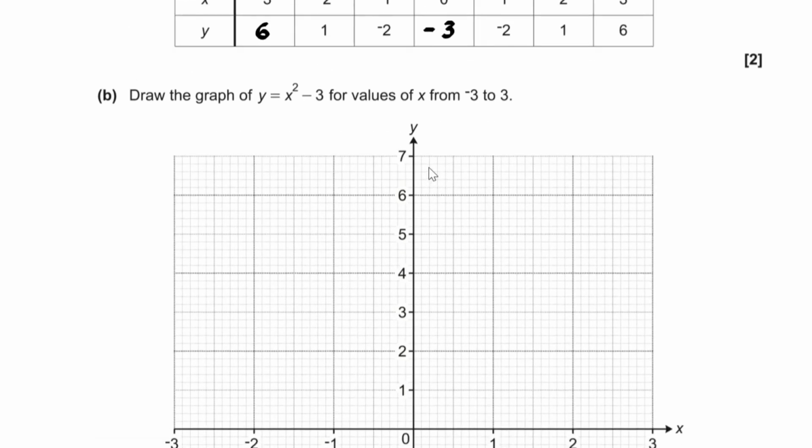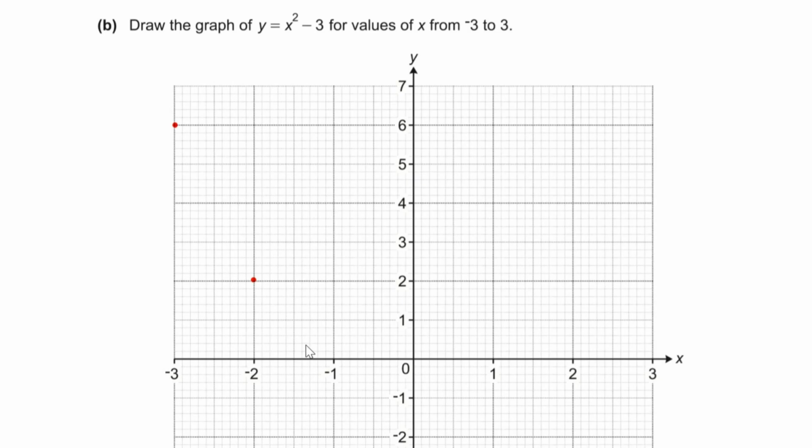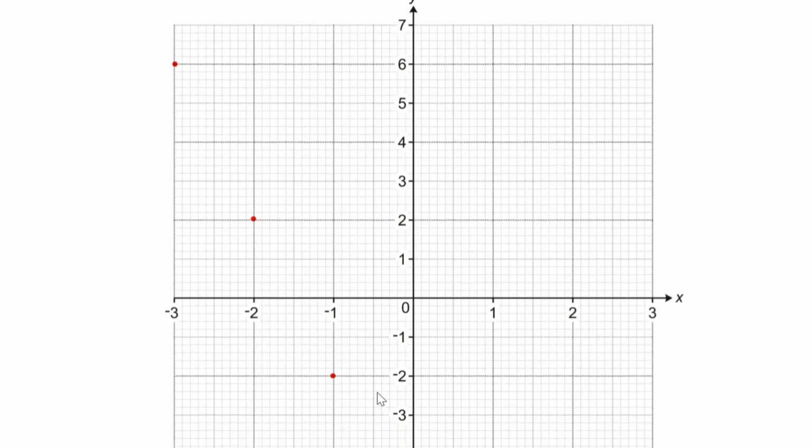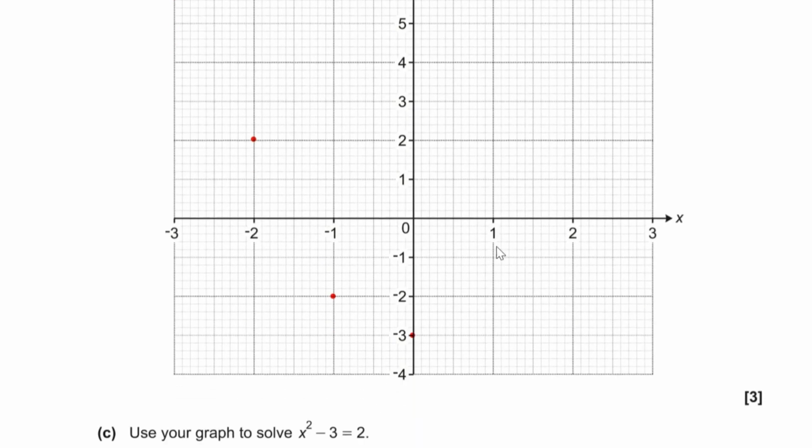Now for part B, we have to draw the graph of y equals x squared subtract 3 from minus 3 to 3. The first thing we need to do is plot the points. So we've got negative 3, 6. Then negative 2, 1. Then negative 1, negative 2. Then 0, negative 3. 1, negative 2.